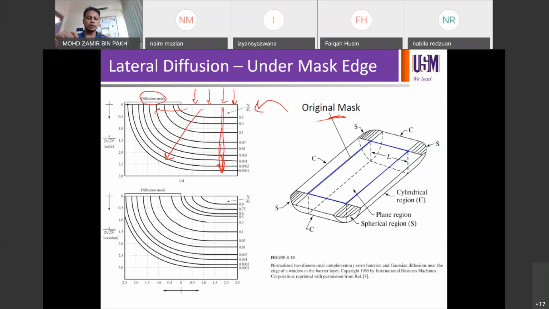Because if you have no control or less control over the lateral component of the diffusion profile, you can actually short your device. So this is how it looks the deeper it goes into the silicon. The first one is for error function, the second one is for the Gaussian profile.